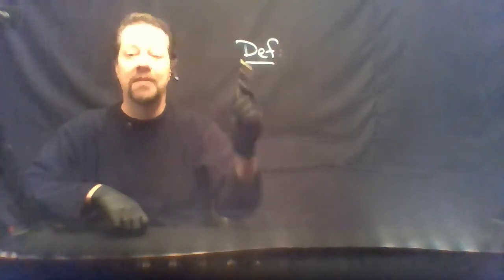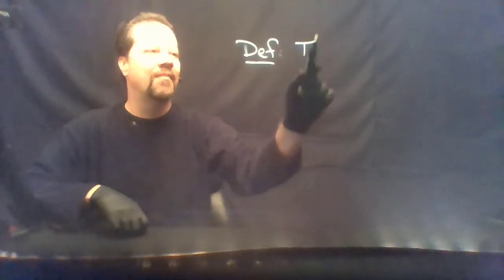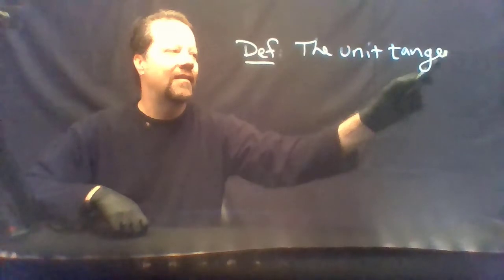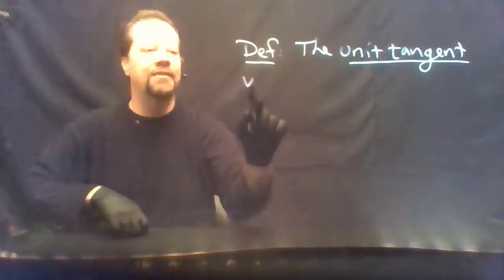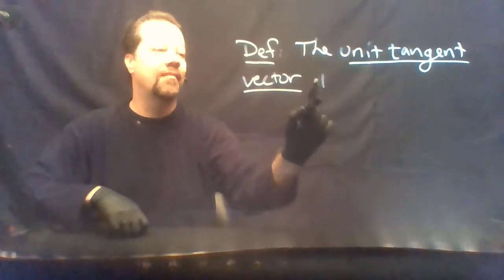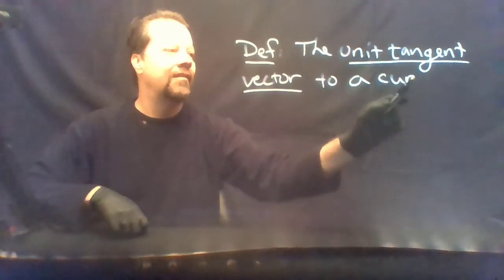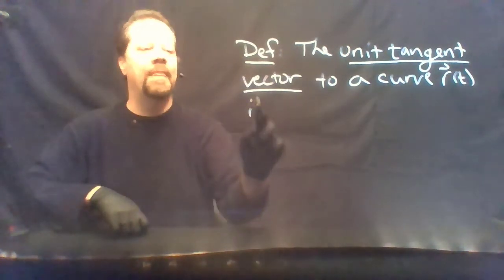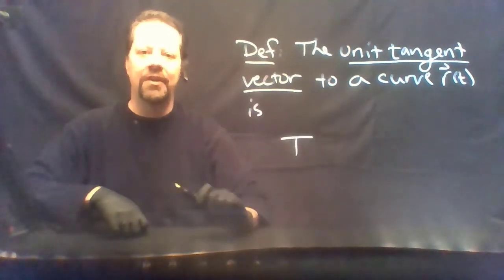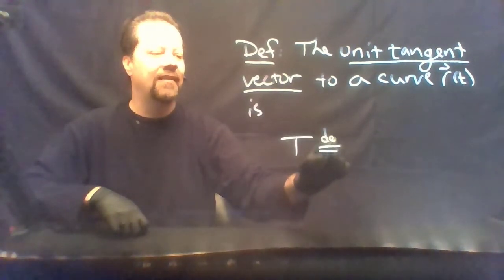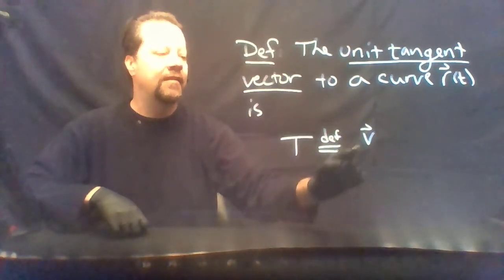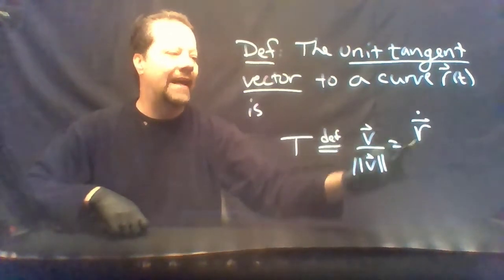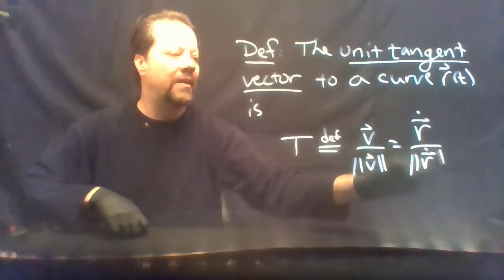The first one we've already defined. The unit tangent vector to a curve r of t, we'll denote it by a capital T, and it's defined to be the normalization of the velocity vector, i.e. r dot over the norm of r dot.